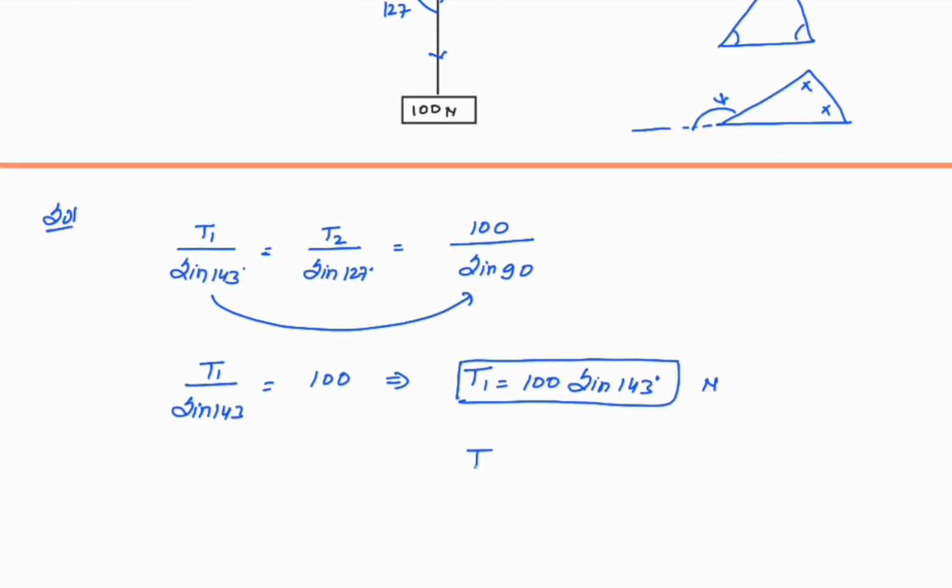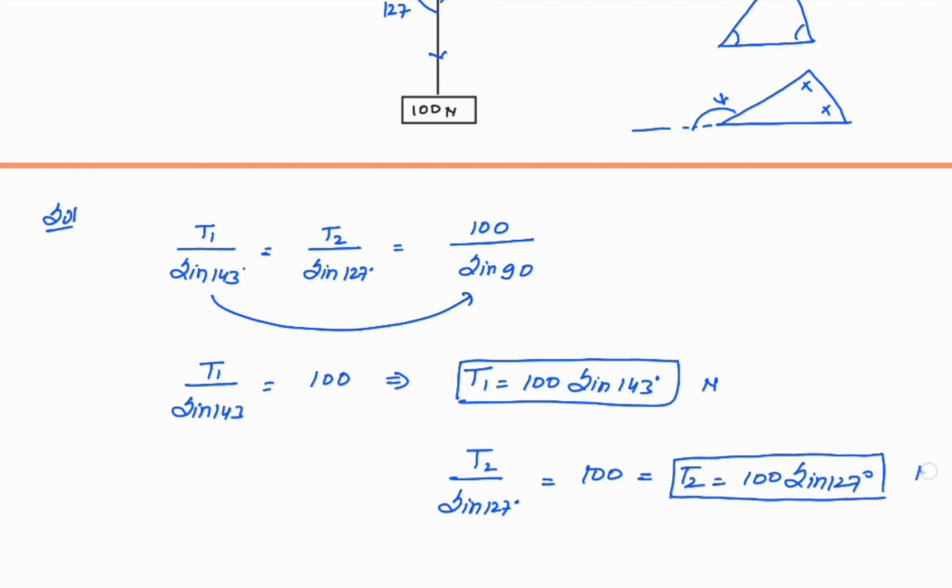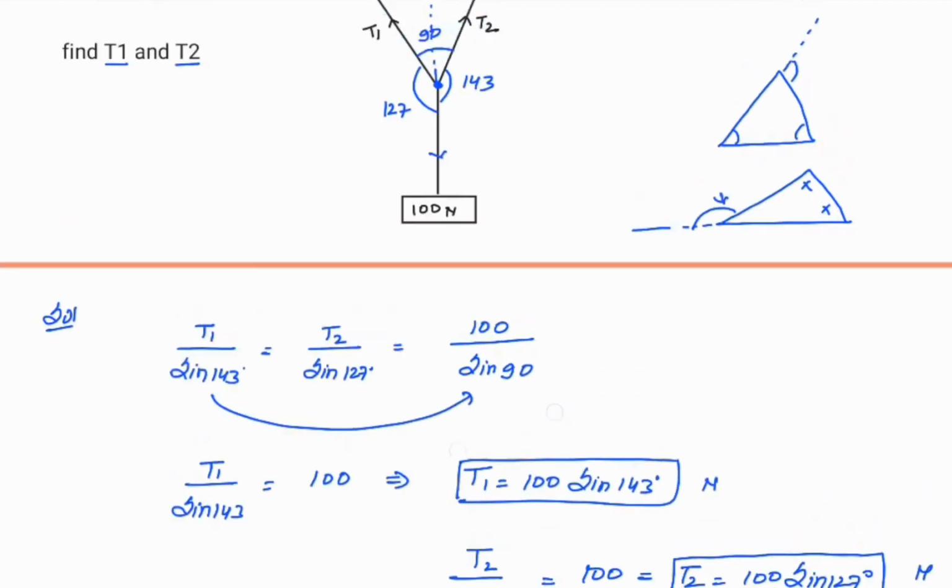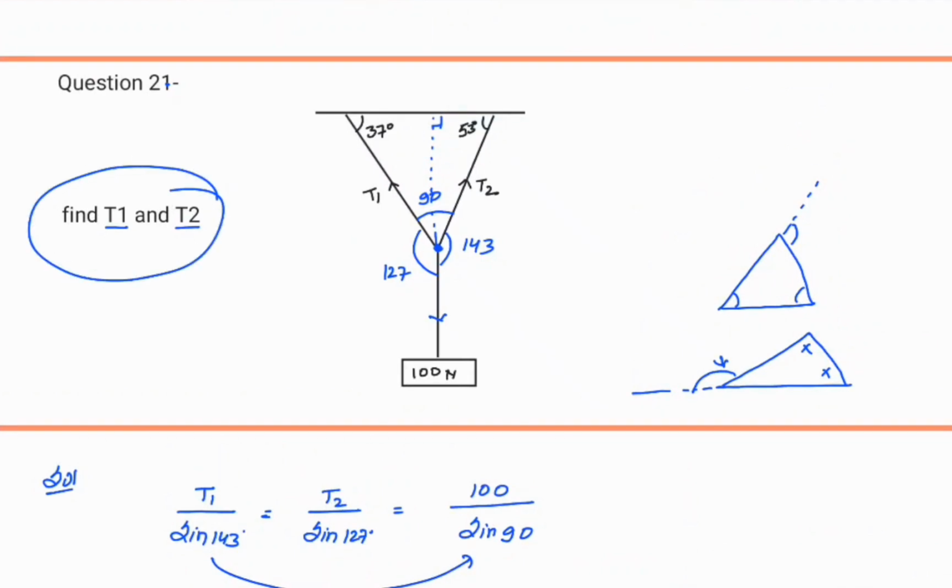Similarly, you can calculate T2. T2 divided by sine of 127 will be equal to 100. From here, you will get T2 as 100 multiplied by sine of 127 degrees Newton. This is the answer for the T1 and T2 which was asked.